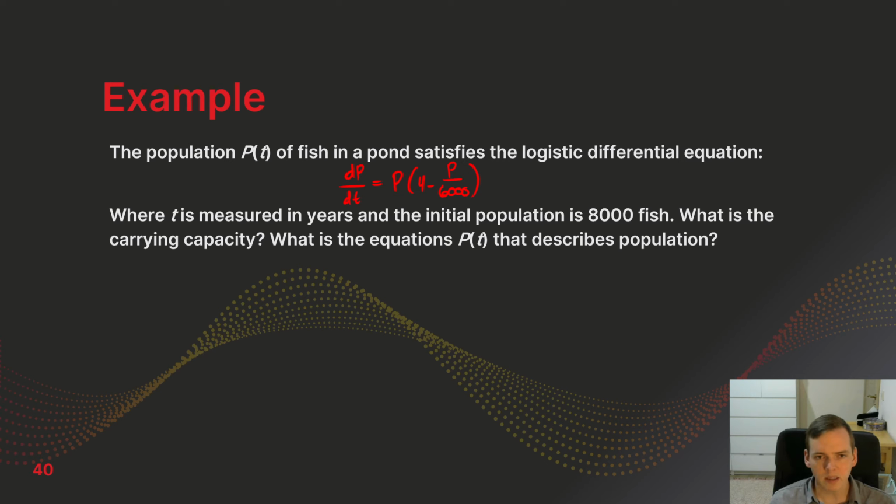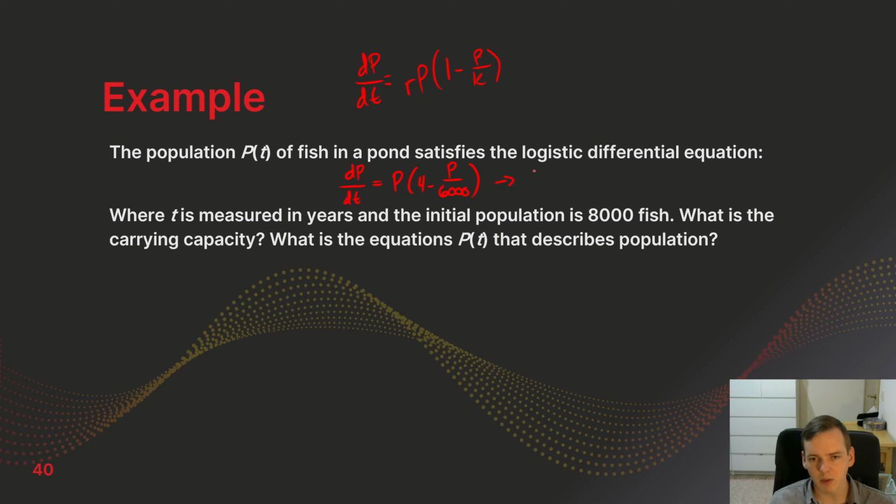Well, we want to get this into the general form of dP over dt is equal to rP times 1 minus P over K. So I need to get this 4 factored out.